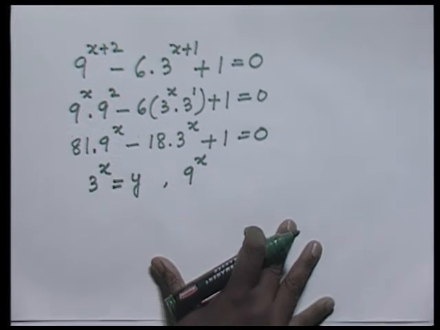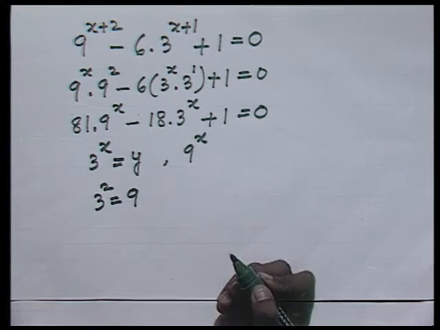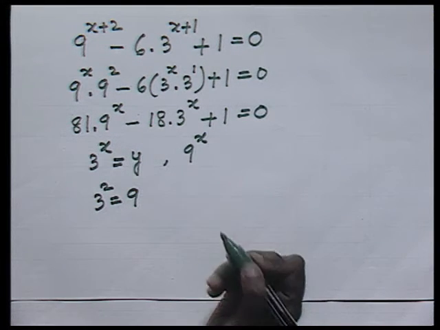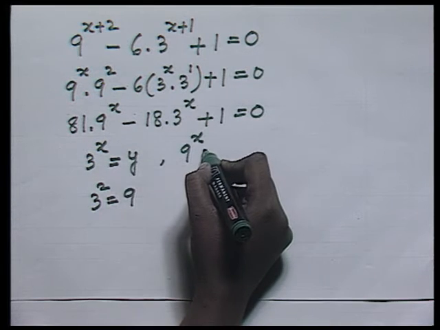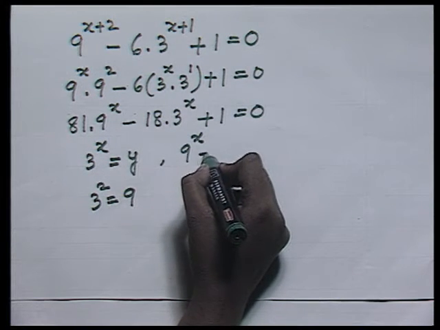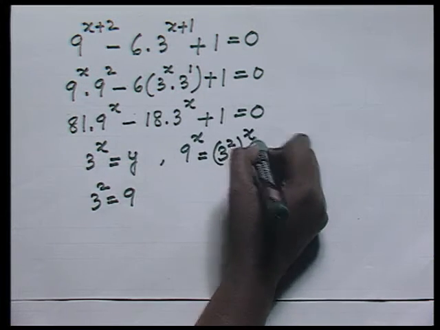We know that 3 square is equal to 9. That means if 3 raised to the power x is equal to y, then 9 raised to the power x can be written as 3 square raised to the power of x.